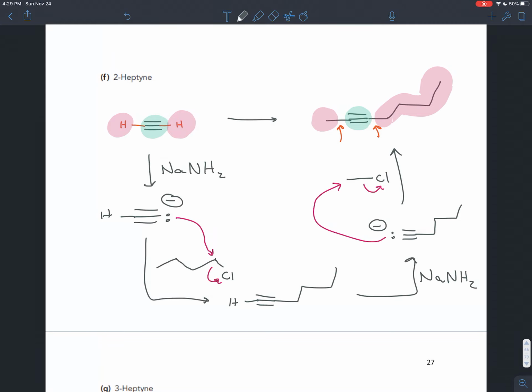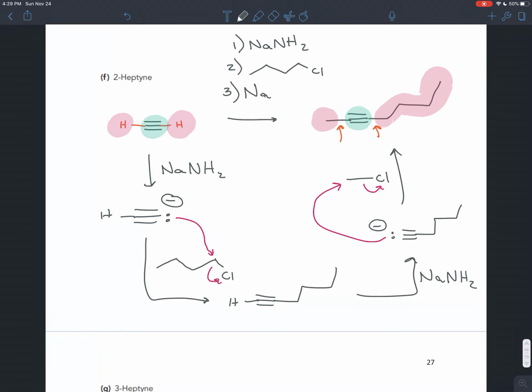So, all we needed to do to make this transformation happen was first turn the end carbon into a nucleophile by adding a strong base like sodium amide. Then we added the number of carbons we wanted, 4, with a leaving group. We did an SN2 reaction and replaced one of the hydrogens on acetylene with a carbon chain, and we just had to replace the other one.